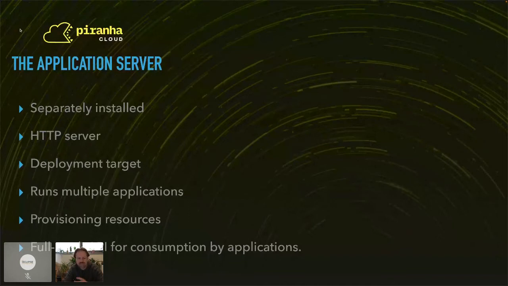applications, for networked applications. Typically, we provide some kind of feature to provision resources. So this could be database connection pools, mail sessions, some security features like an LDAP resource, stuff like that. And that's quite important for this talk, it contains a full stack API for consumption by applications.